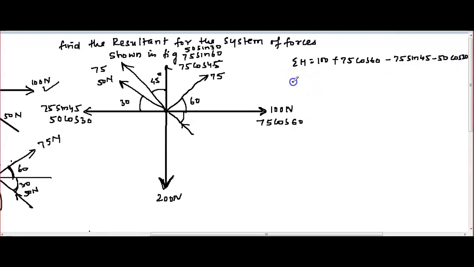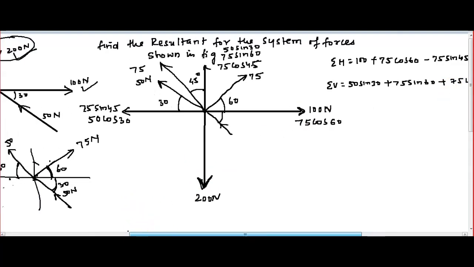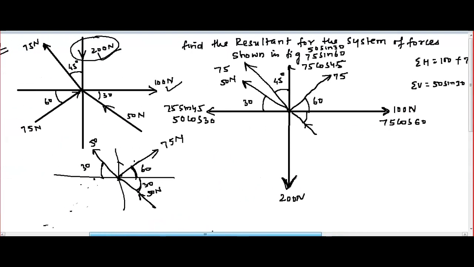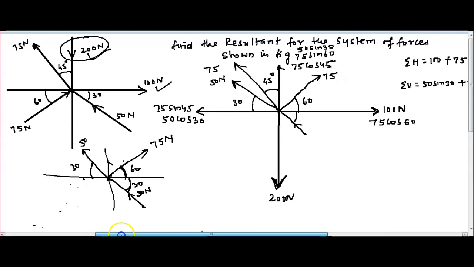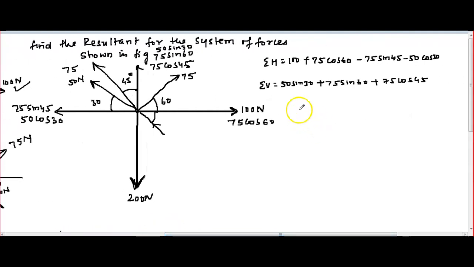Okay, vertical force is 50 sin 30 plus 75 cos 45, right? 75 was the second force. This was 75. Okay, correct. Minus 200, right? Tell me the value, how much you will get.